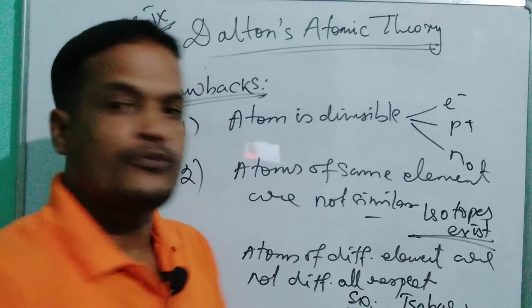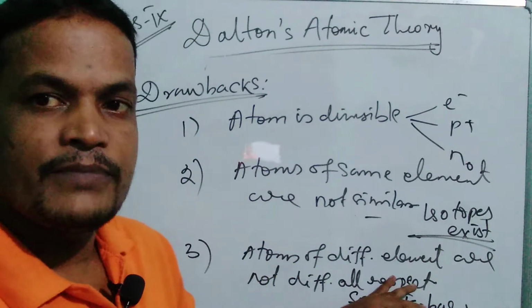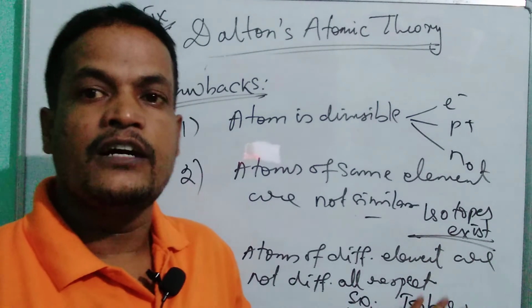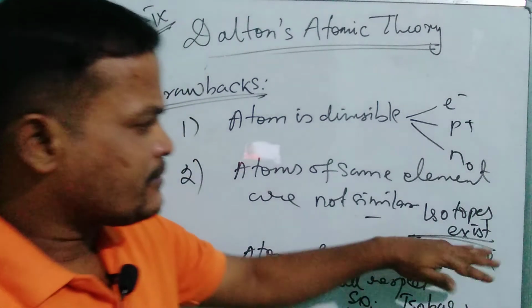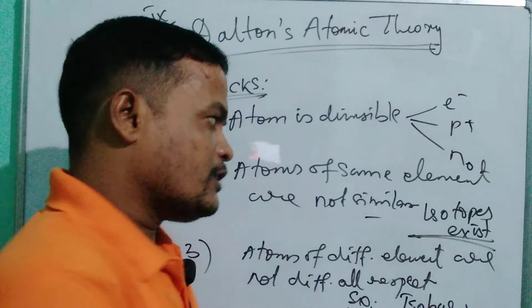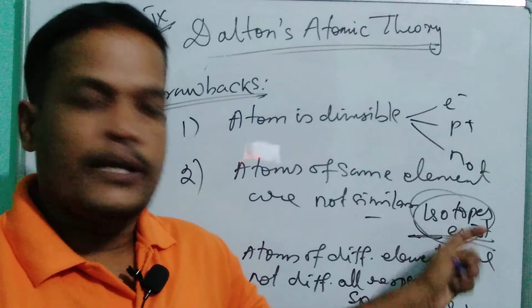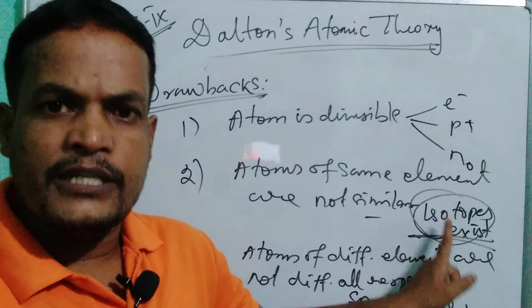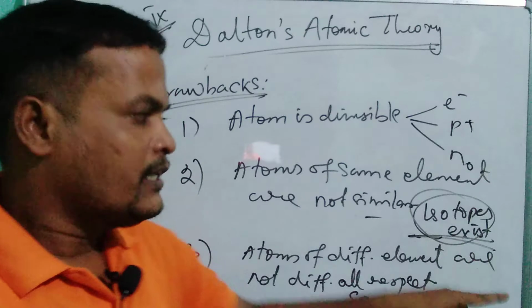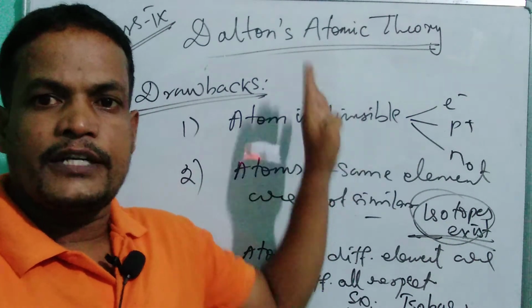So isobars prove that atoms of different elements are not different in all respects, but also have similarity or a common relationship. Also, atoms of the same element are not similar in all respects; that is why isotopes exist, having the same atomic number of the same element but different mass number. So this contradicts Dalton's atomic theory or Dalton's postulates.